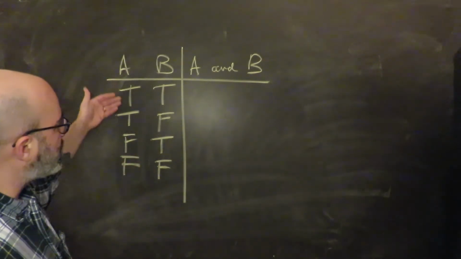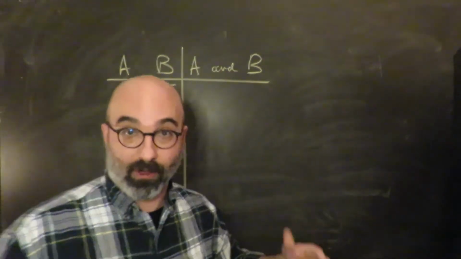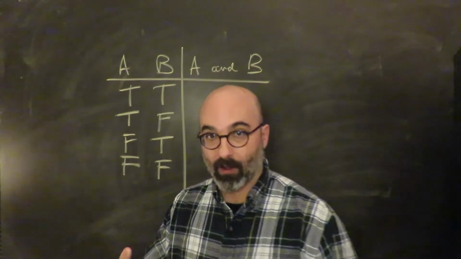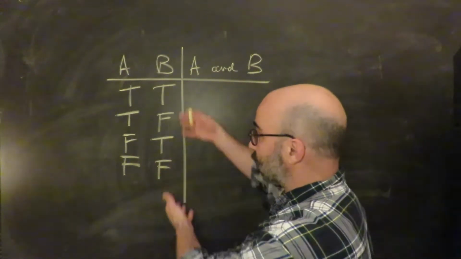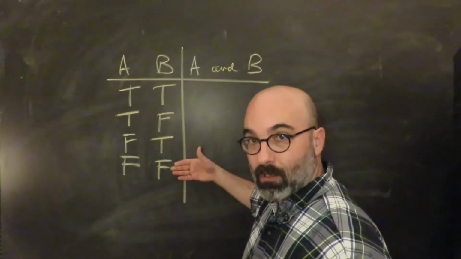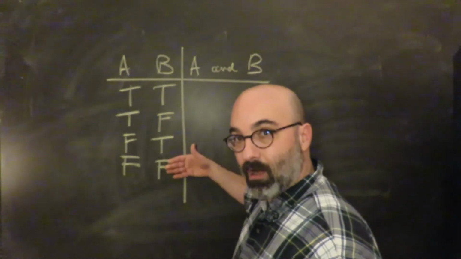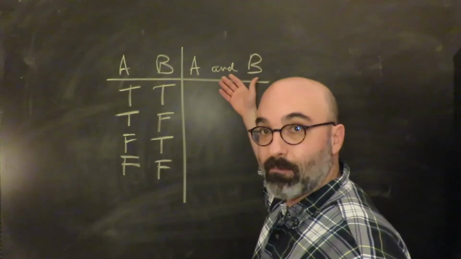The next one is 2 and 2. If we had a third one, it would be 4 and 4, and we just sort of repeat this. The next one would be 8 and 8, and so on. So the crucial thing to see is that what we have with this truth table is a representation of all of the possible combinations of truth values for the component propositions A and B.